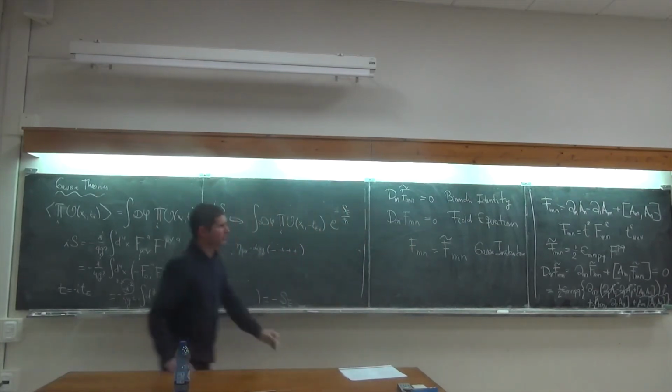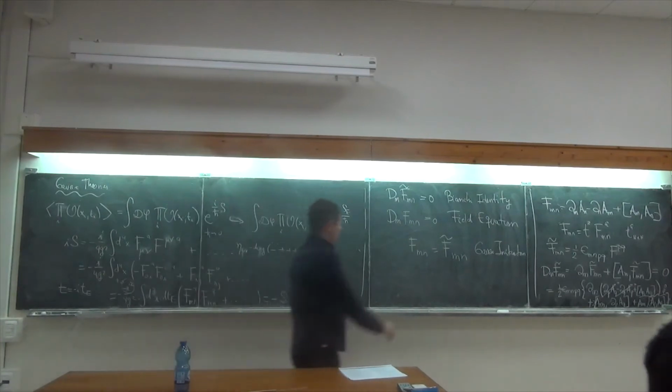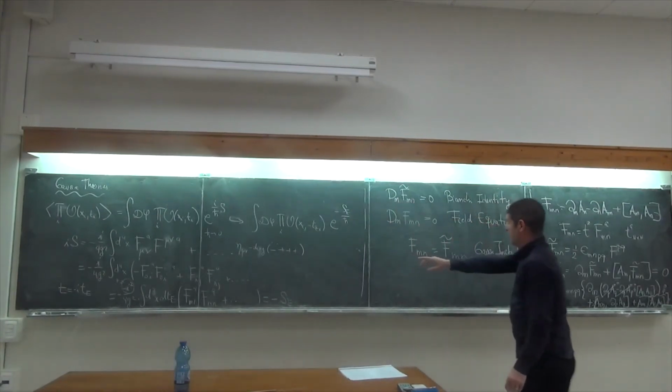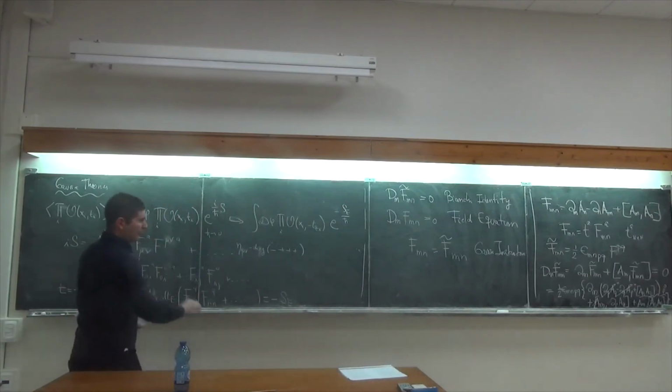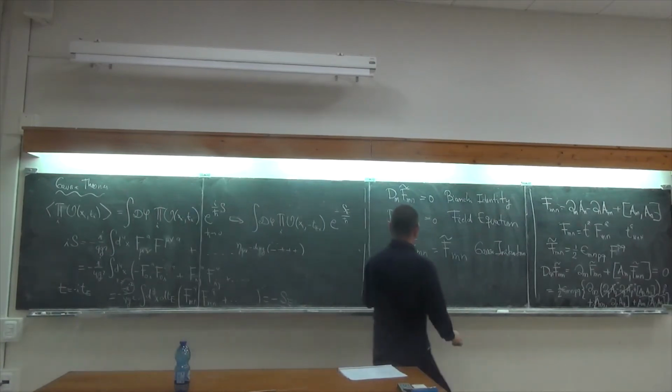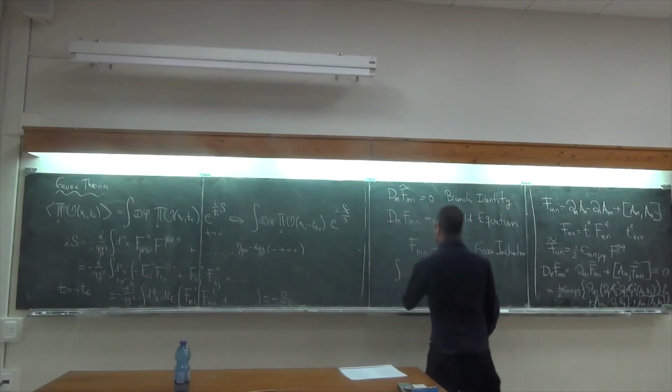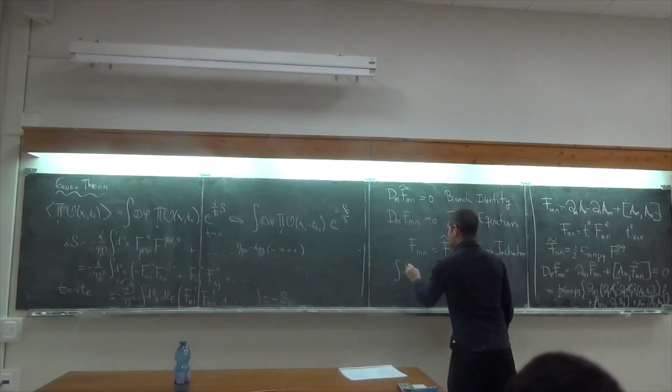Now let's see if it's a minimum. Where is the action? The action was here. Let's first notice the following. See, we have the integral d4x of the trace of the square of F minus F tilde.